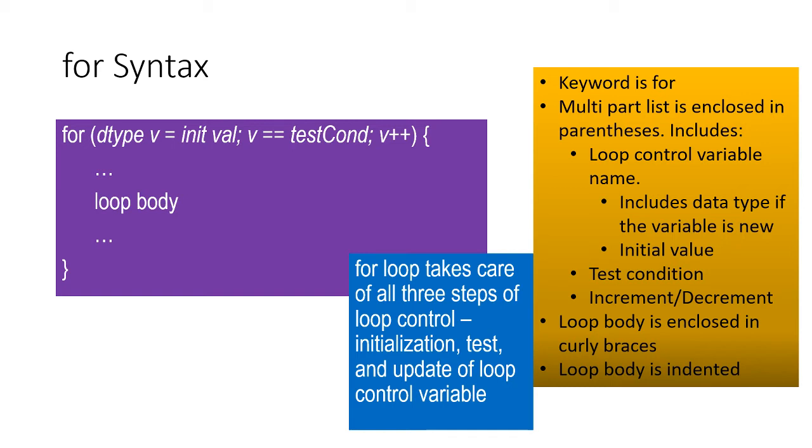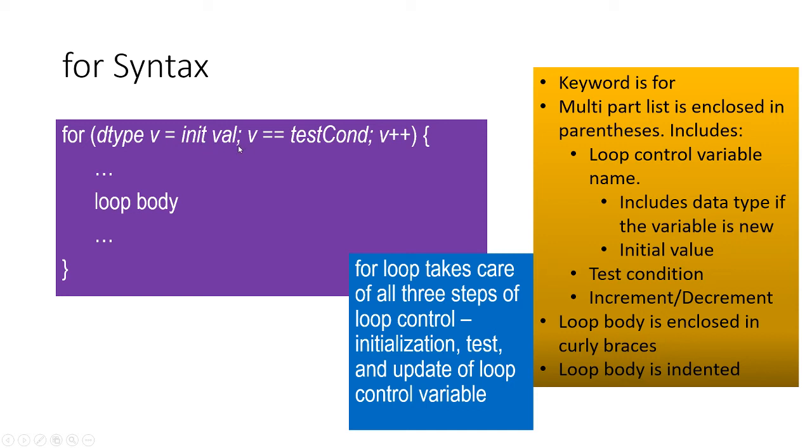Our for loop again has a little bit more complex syntax. We start out with the keyword for, and then we have all of the for loop control information within a set of parentheses. We declare a data type if we want our variable to be allocated just for the scope of this for loop, and then we set it equal to an initial value.